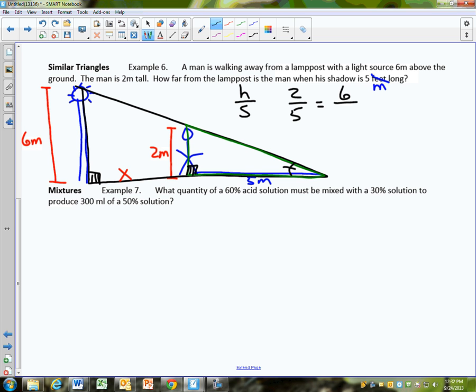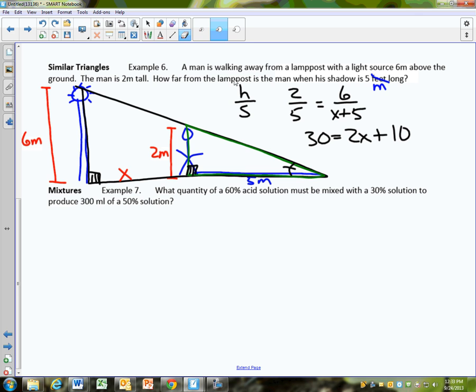plus 5. The entire length of this triangle. Now I cross multiply. See an equal sign with 2 fractions. Cross multiply. 30 equals 2x plus 10. Subtract 2x. Well, I'm sorry.